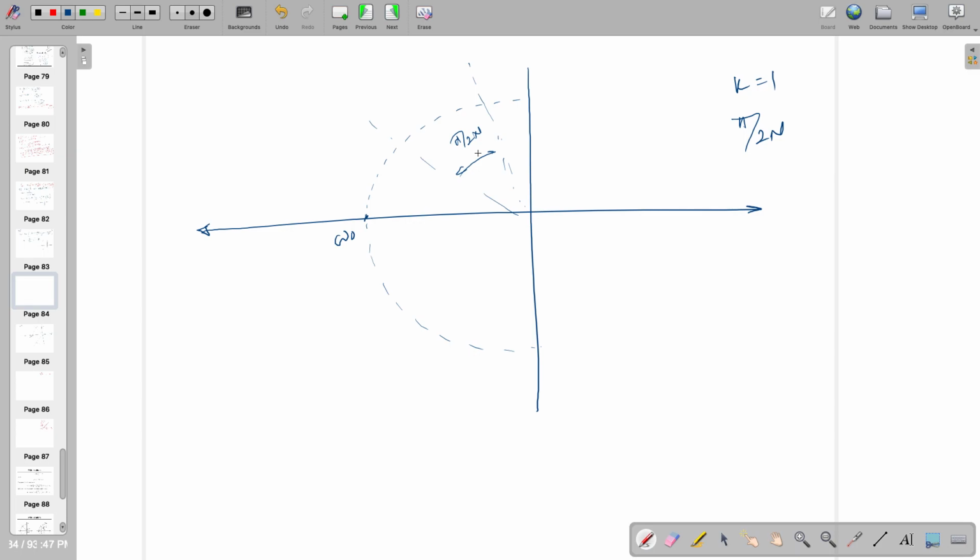As you are increasing the order, if it is an odd number of entries, then one of the poles is equal to omega 0, minus omega 0, right? And all the even ones are apart from each other by pi by 2n. If you are keeping that, you will get the answer, right?